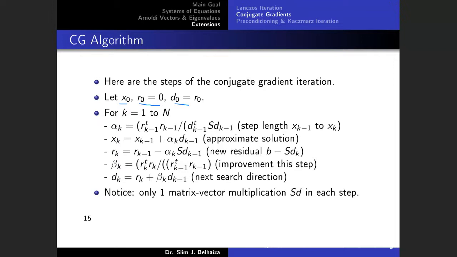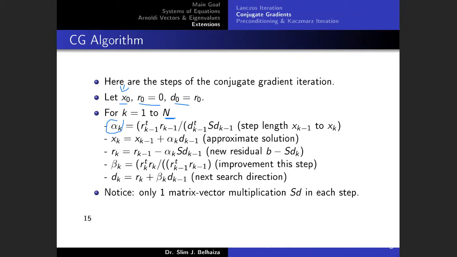And we just iterate n iterations. So we compute alpha k, which is r(k-1) transpose times r(k-1) over d(k-1) transpose times S d(k-1).